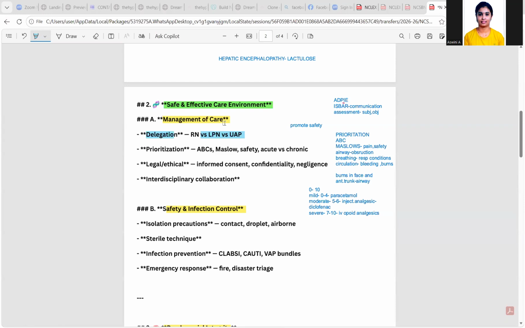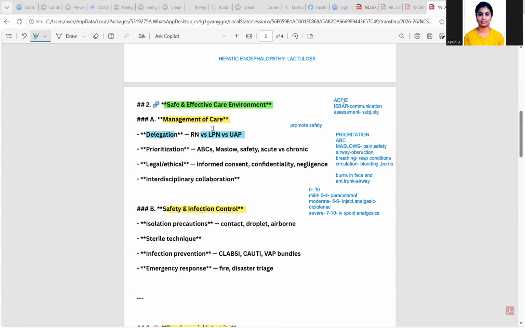But we have to keep in mind, for example, ambulation can be the role of a UAP, but if a client is ambulating for the first time after surgery, who is responsible? The RN.